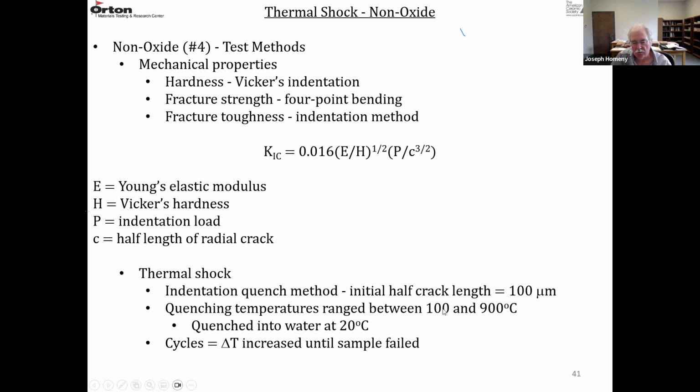Quenching temperatures range from 100 to 900 degrees C, quenched in water at 20 degrees C. And in this indentation method for measuring thermal shock, you keep shocking the material as you're increasing the delta T. So you keep running however many cycles it takes with increased delta T until the sample finally fails. So you're just increasing the severity of the quench until that sample actually fails.